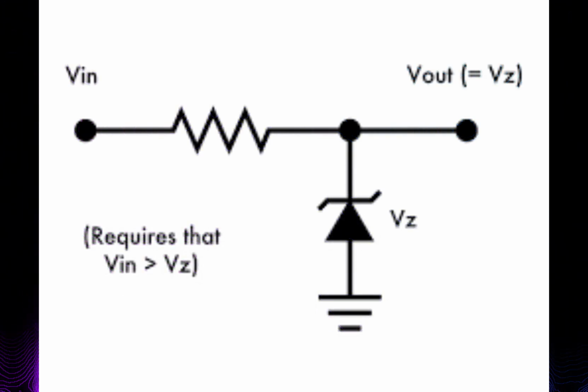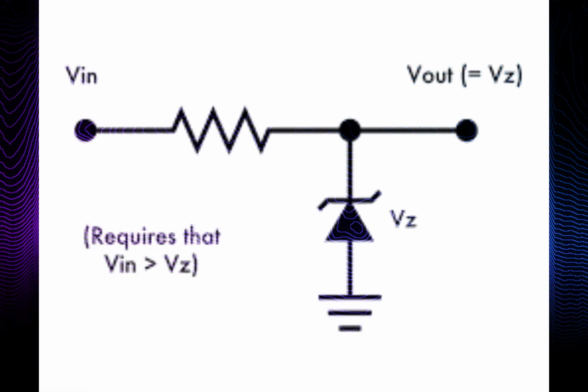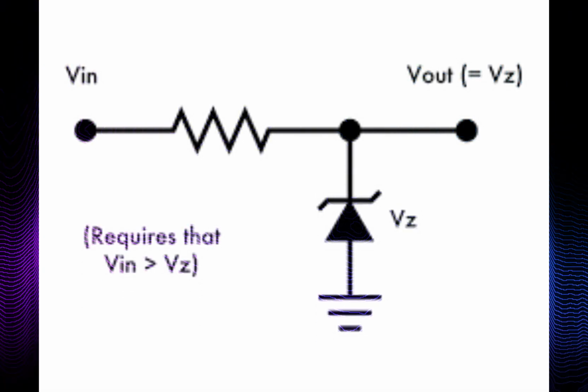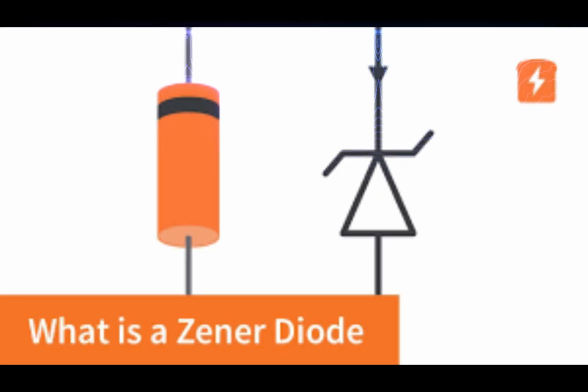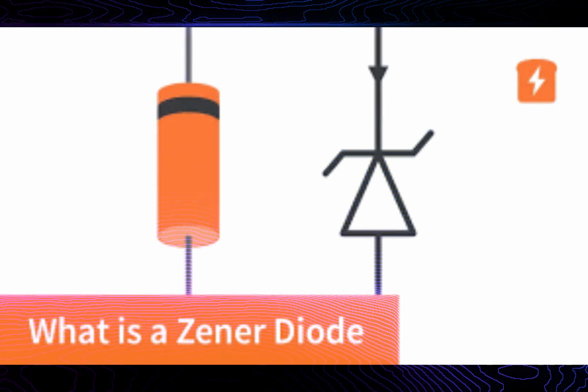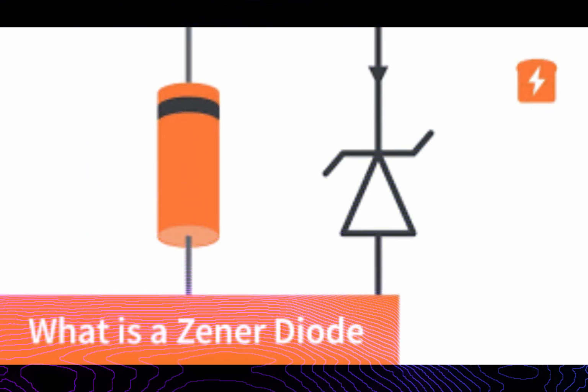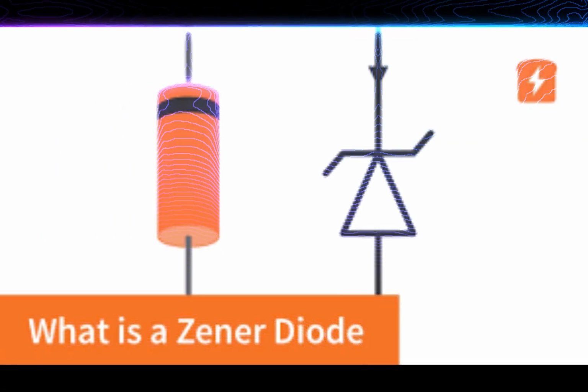The current must maintain at least a minimum of this voltage, having a predictable voltage drop that makes Zener diodes not only useful as voltage regulators, but also able to limit the voltage of other devices.